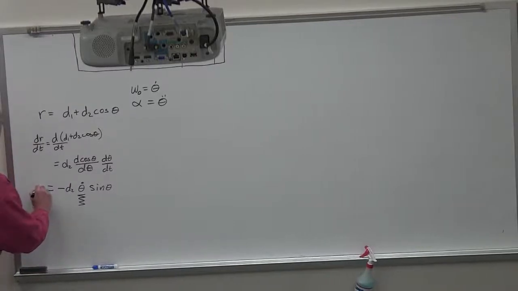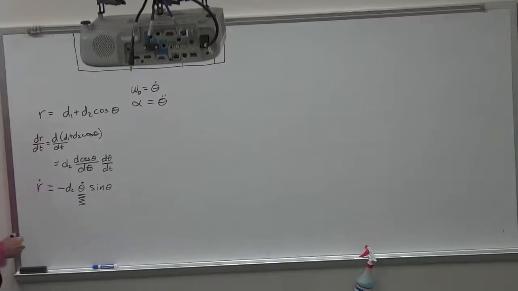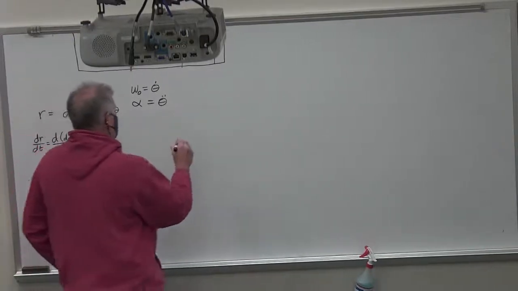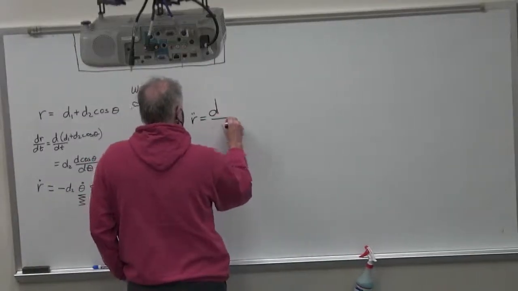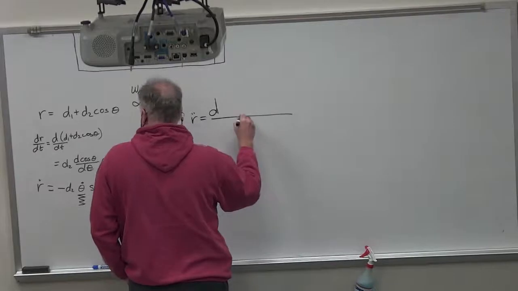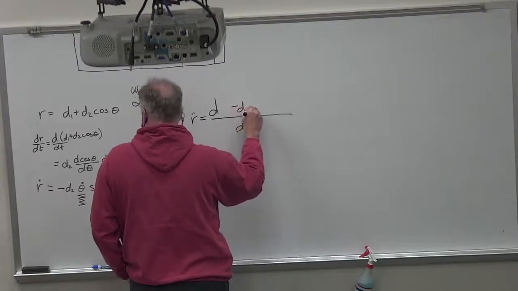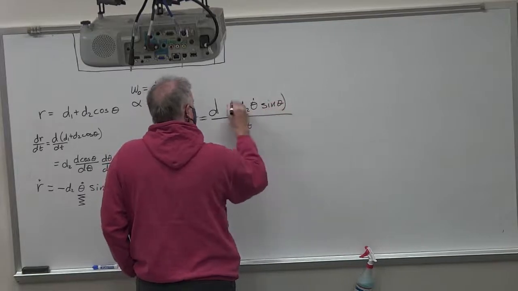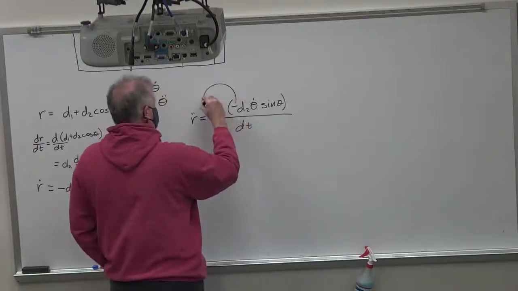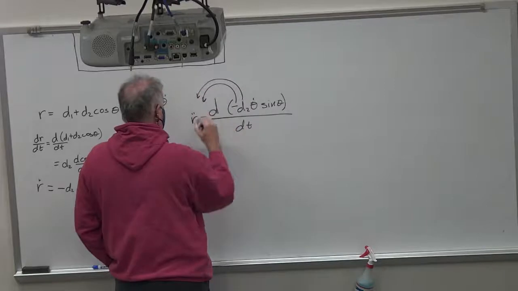The worst part is the next part. This one's not as bad, but if you had other ones, it'd be bad. If you're looking for R double dot, what you're actually trying to do is take the derivative of all this. The minus sign and the distance can come out.